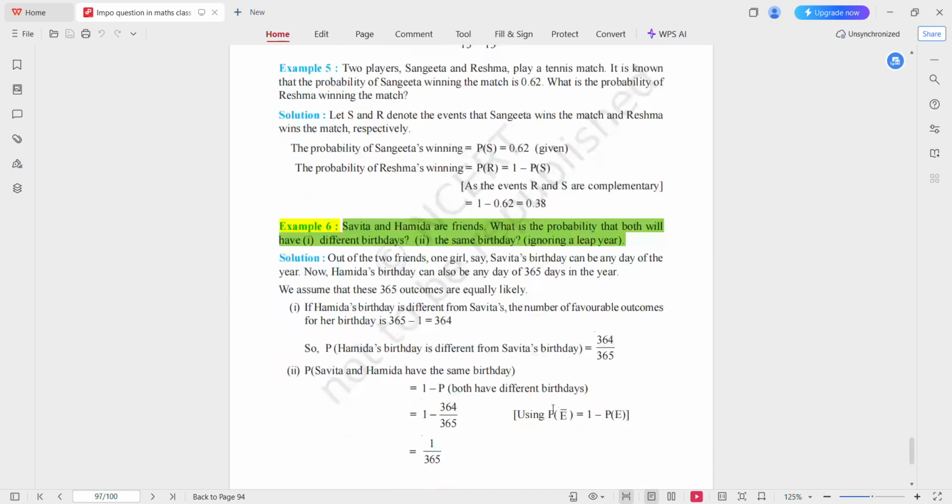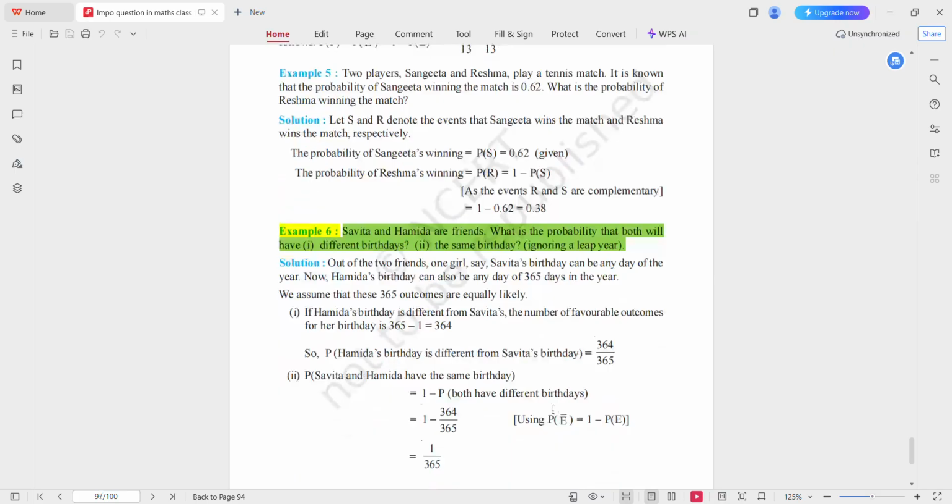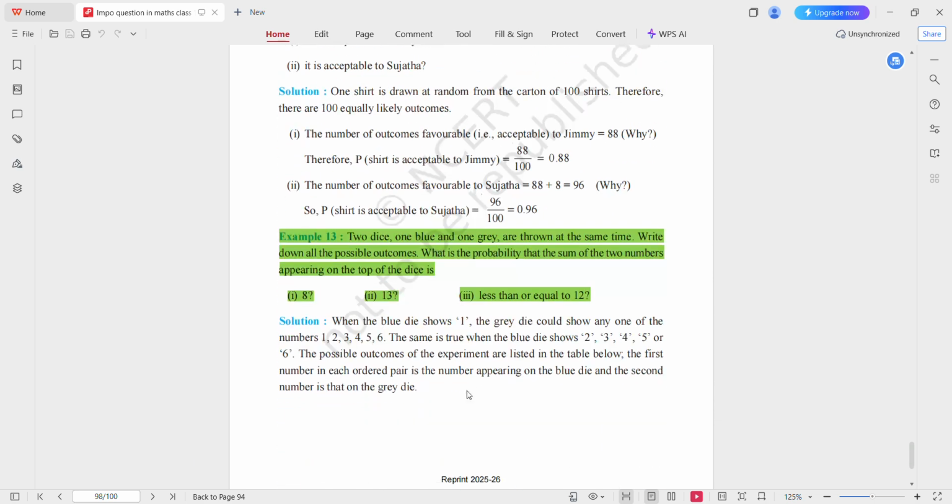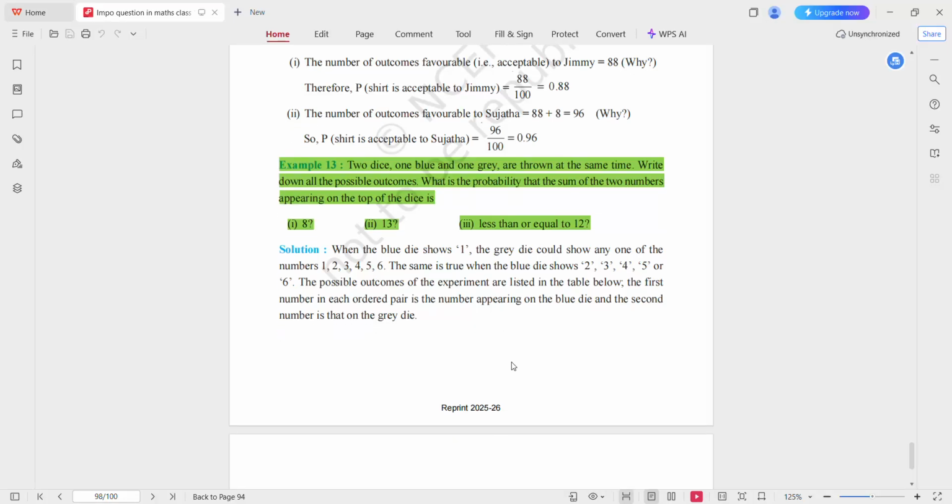Coming to probability. In the probability, mostly you will be getting cards based question, dice based question. Those questions are important. Toss also. Toss based questions is also important. Coin based. Example 6th is very much important. 13 were important.